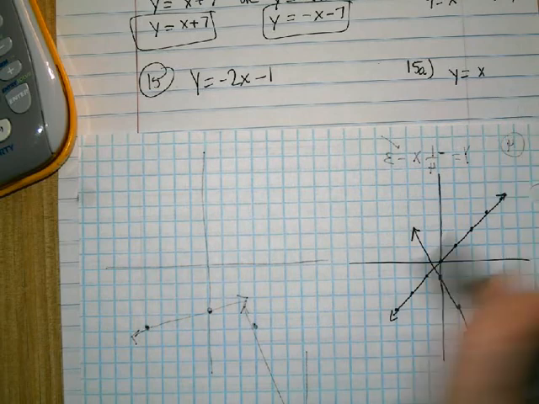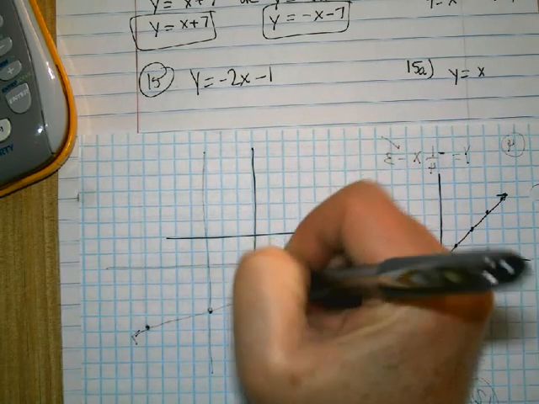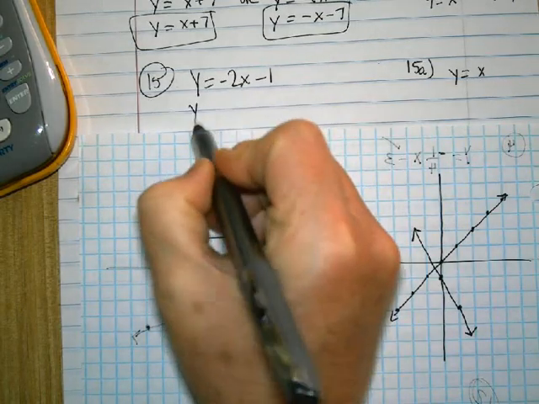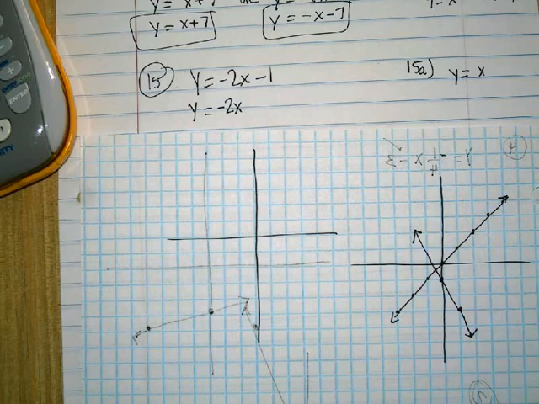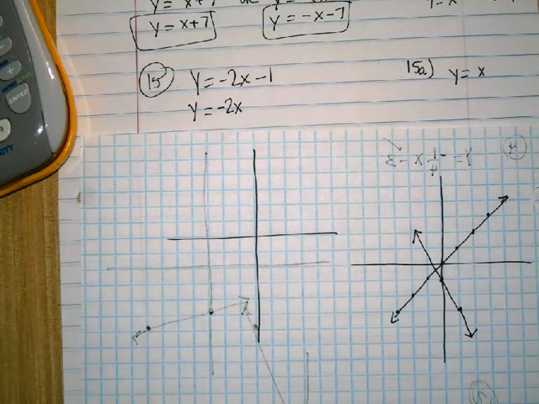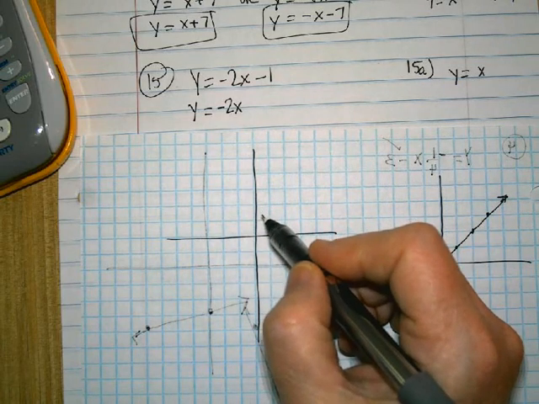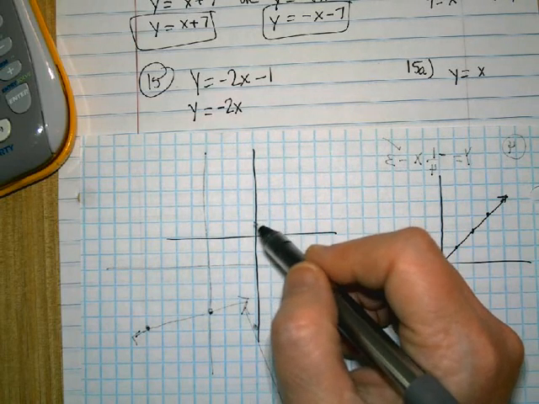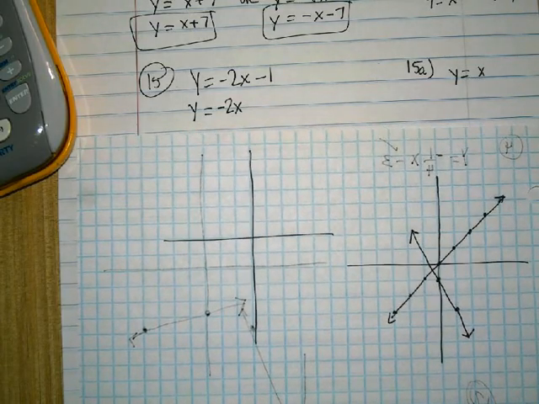For this problem, in order to answer this part, I'm going to back up and talk about parent functions again. Let's use this for the parent function. If I were to use this as the parent function, how far apart would the points be? Describe the change.